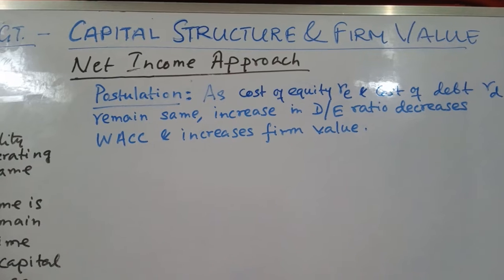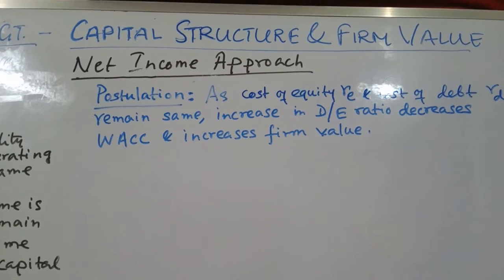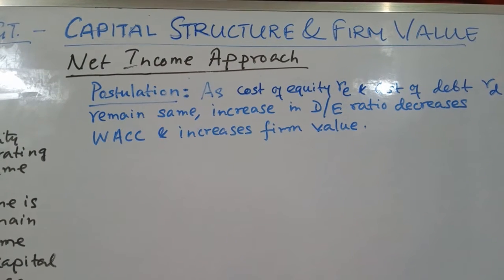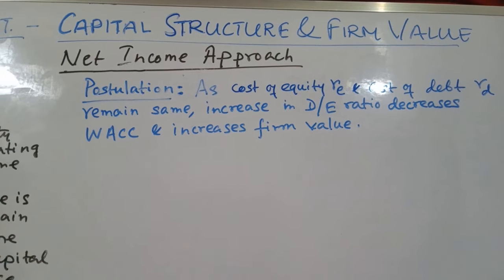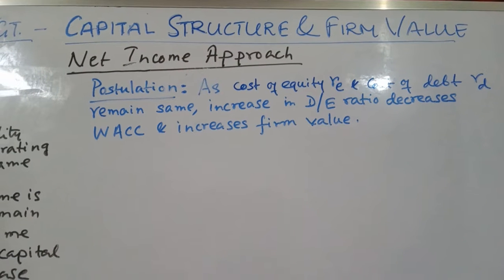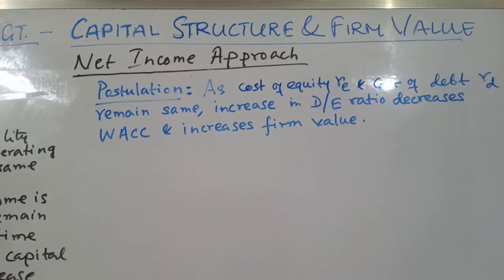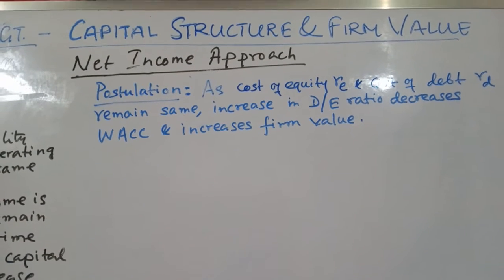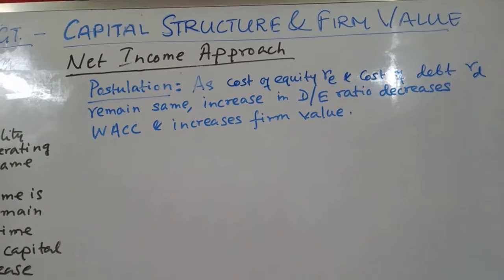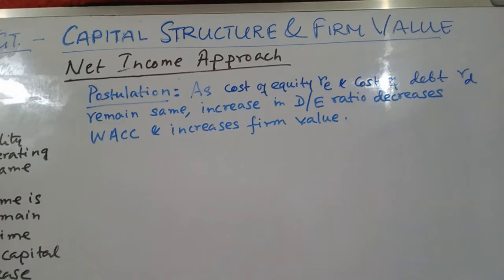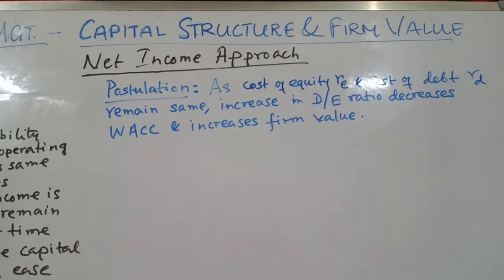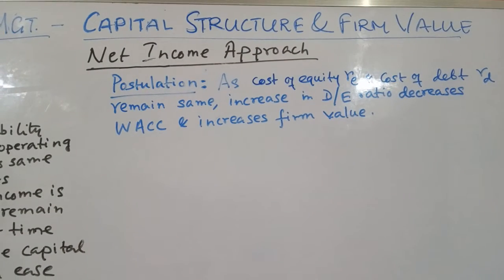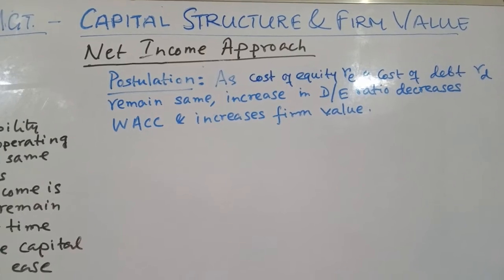This means the firm's cost of equity and cost of debt remain unchanged. If the firm increases the proportion of debt in the capital structure, that will result in a decreased weighted average cost of capital and increased firm value.